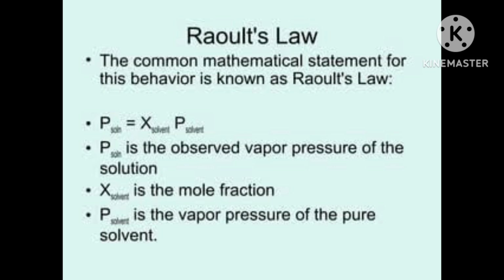Now we can consider a binary solution of two volatile liquids, and these two components can be denoted as 1 and 2.